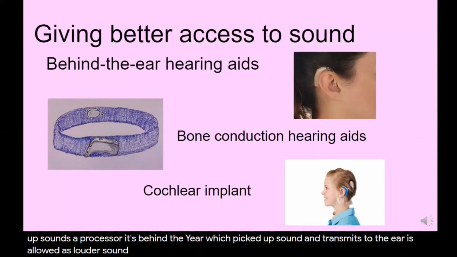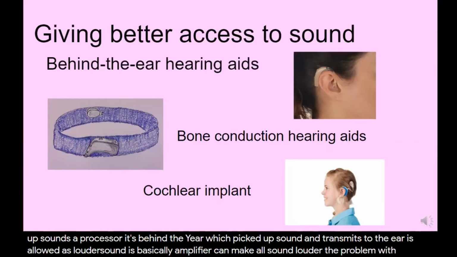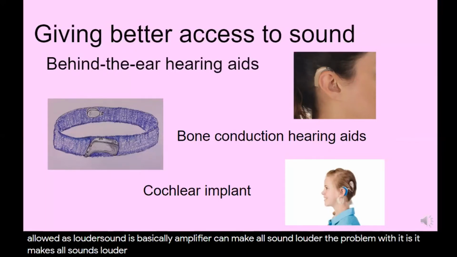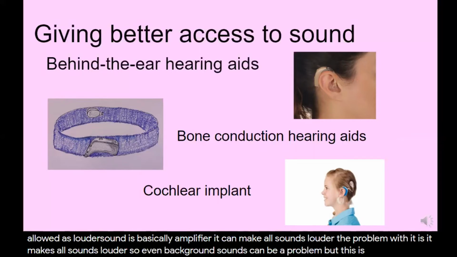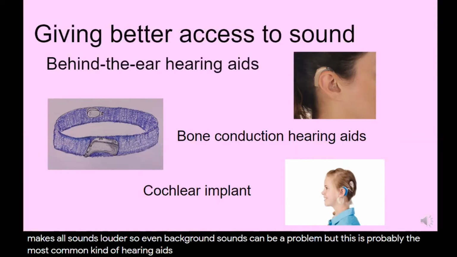It is basically an amplifier. It can make all sounds louder. The problem with it is it makes all sounds louder. So even background sounds can be a problem. But this is probably the most common kind of hearing aid you'll see.